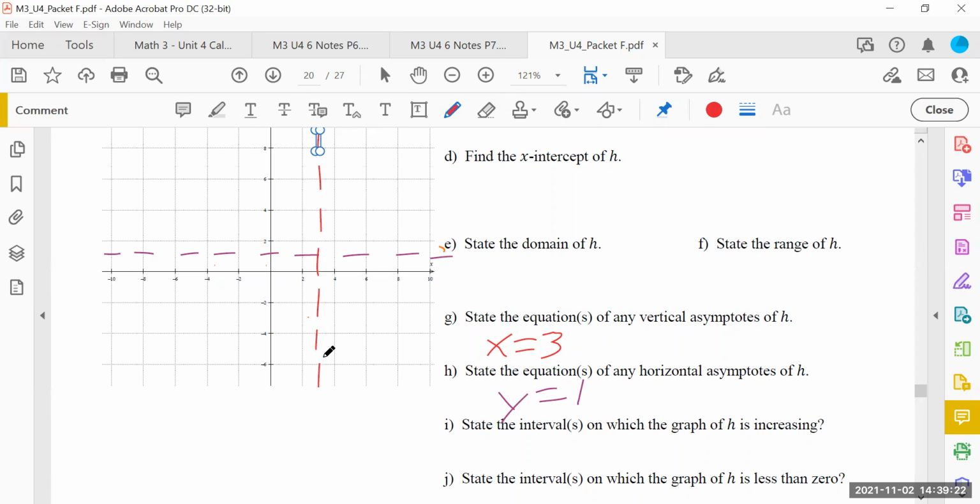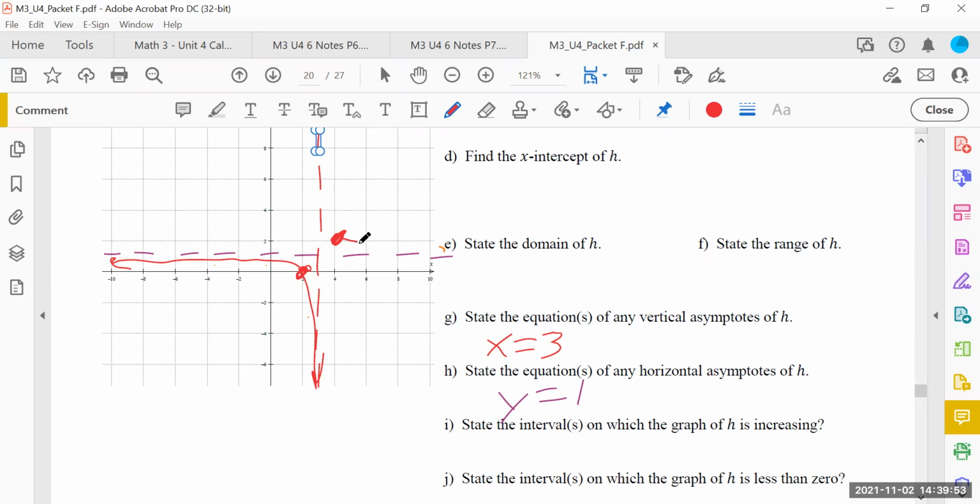So what points should I plug in to figure this out, to make the graph? 2 and 4. Does that make sense? 1 to the left, 1 to the right. Plug in 2 and 4. And more than likely, you'll get a point right here and a point right here, which you'll then be able to draw in your graph with, and answer the rest of the questions.